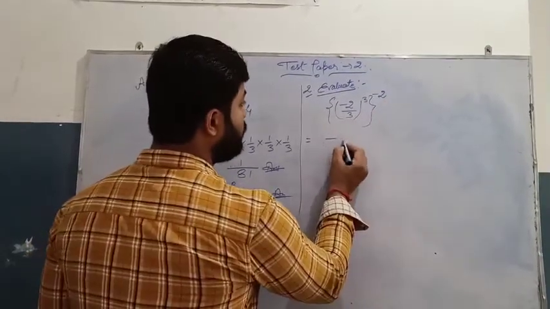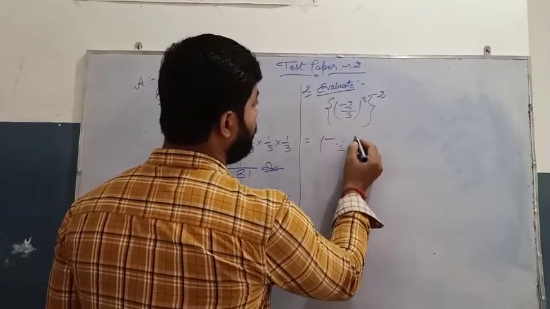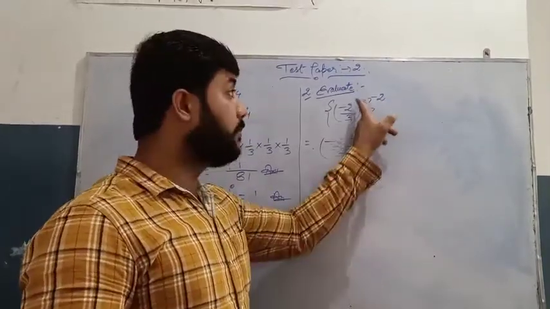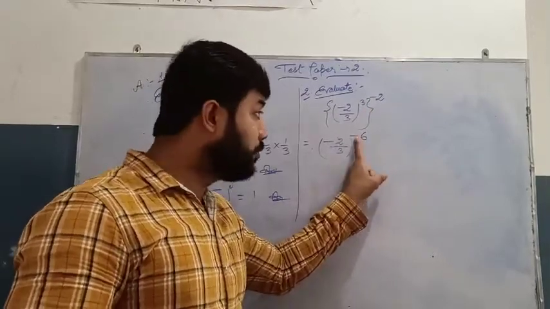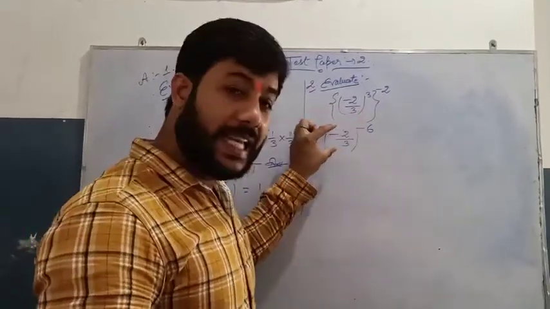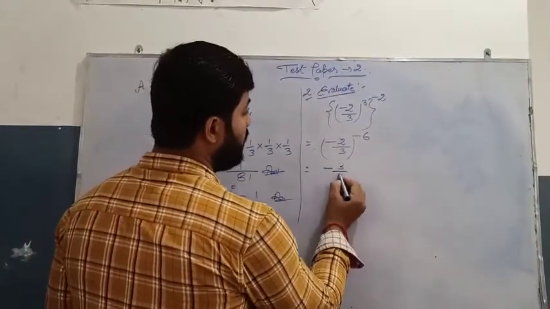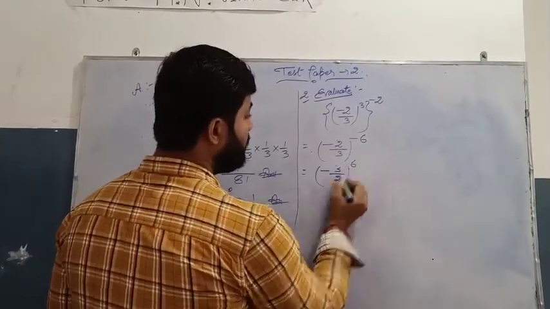So minus 2 by 3 power minus 6. Now to remove this minus sign from here, we will again get its reciprocal. So that will be minus 3 by 2 to the power 6.